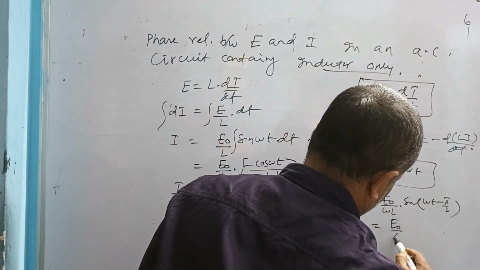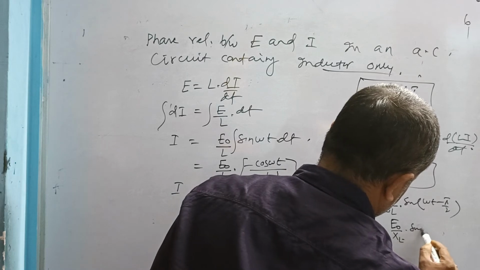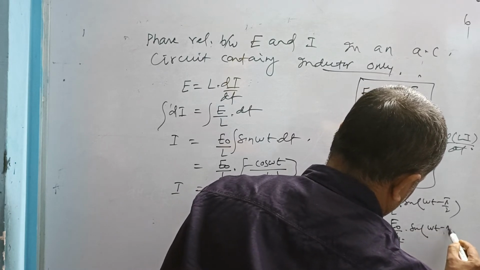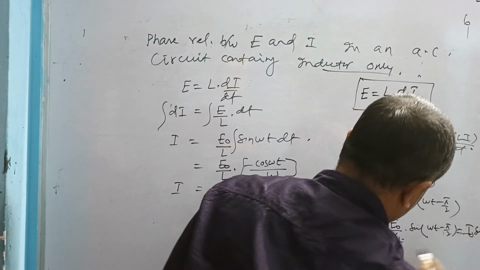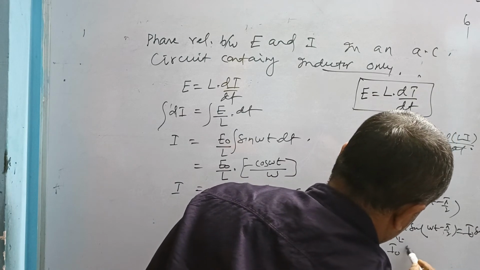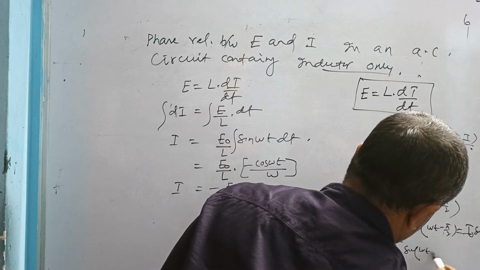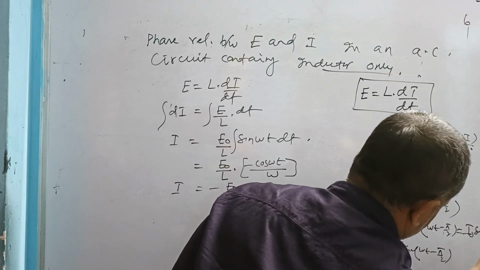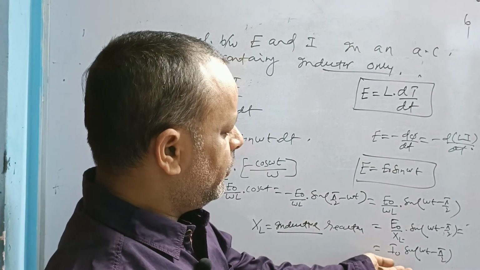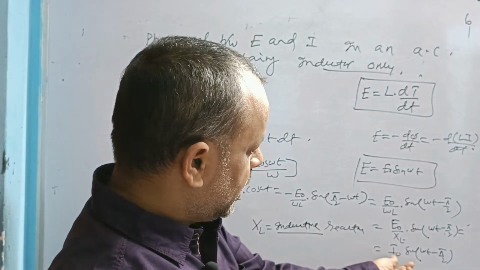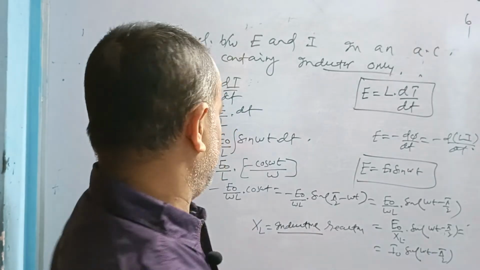So it is coming out to be E naught upon XL, sine omega t minus pi by 2, which can be written as I naught sine omega t minus pi by 2. See, comparing it, what we are getting is that EMF leads and current lags behind EMF by pi by 2.